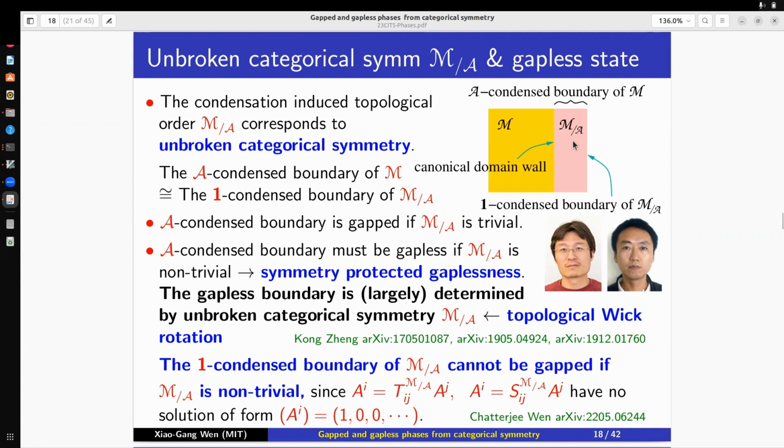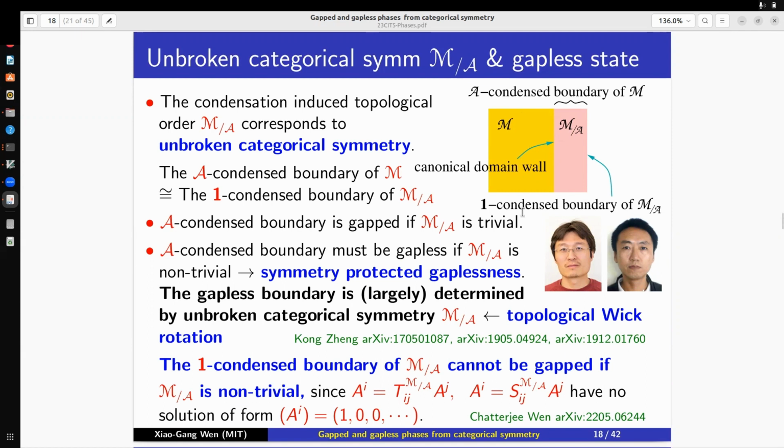And then we have the no-condensation boundary of this M/A. Because we already have A condensed here, we don't want additional condensation. So on this boundary, we have only the trivial one condensed, nothing else. Then this combination of boundaries is like a condensed boundary for the M topological order.